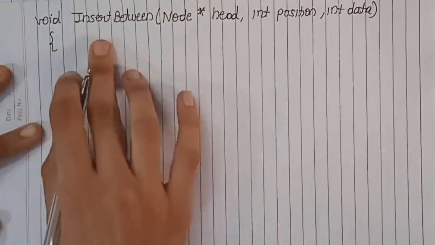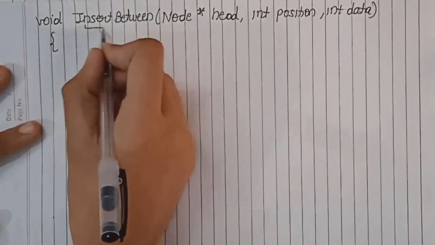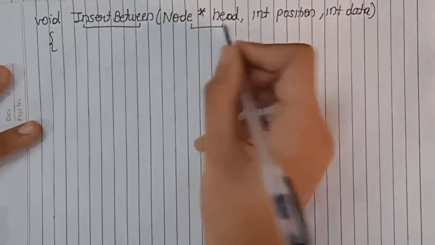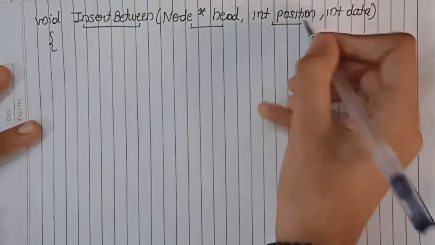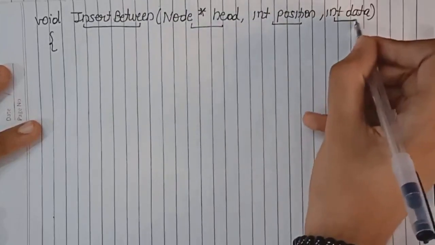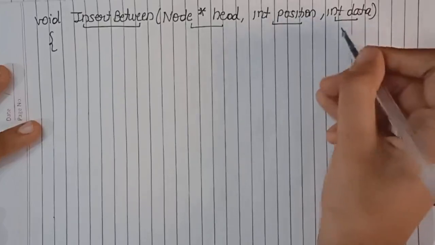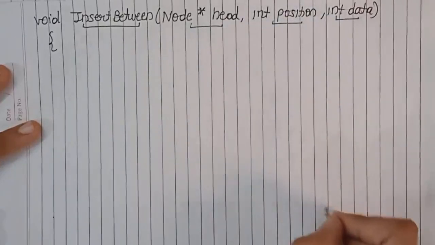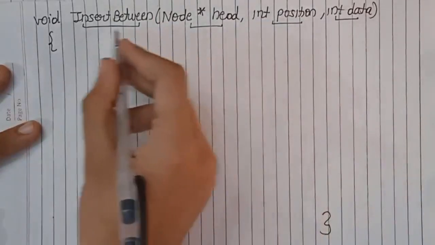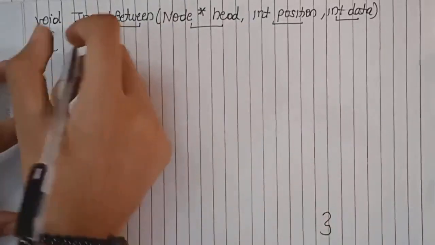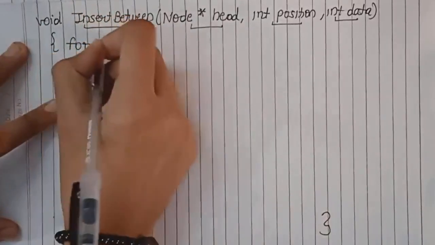So this is a function whose name is insert between, and I am passing the head, the position where I need to insert, and the data which I need to insert, which in our example was 5. So I am passing these 3 as the parameters to this function and taking them as input from the user. And now how will we proceed?